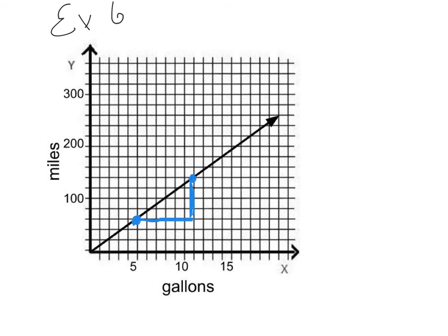Each square represents 1. So the length of my horizontal line is 1, 2, 3, 4, 5, 6. So length of 6. And my vertical, each line represents 20. So that's 20, 40, 60, 80.